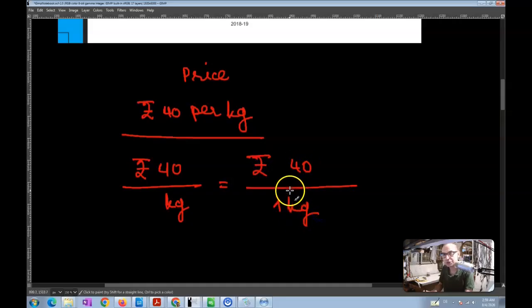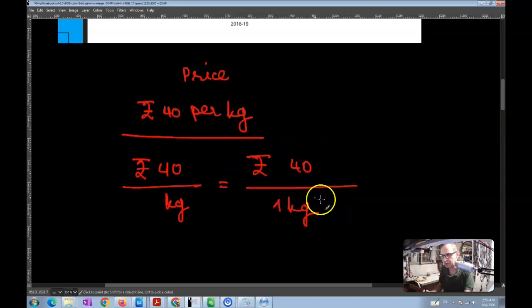That means that for the price of the apples, for 1 kilogram we will charge 40 rupees. For 2 kilograms, twice 1 kilogram, we will charge twice 40 rupees, which is 80 rupees.